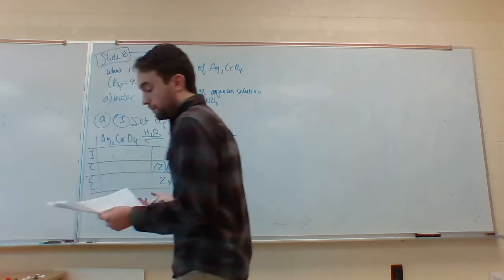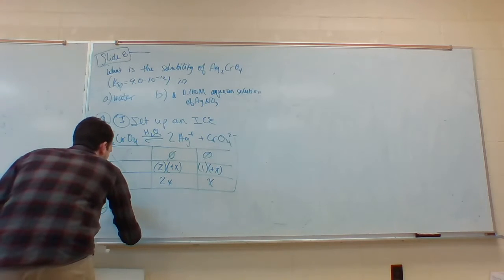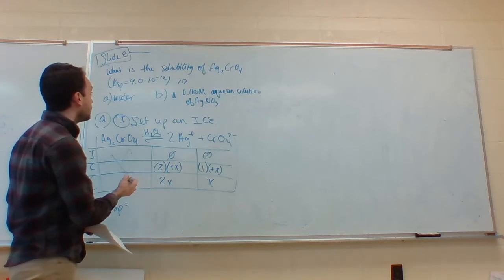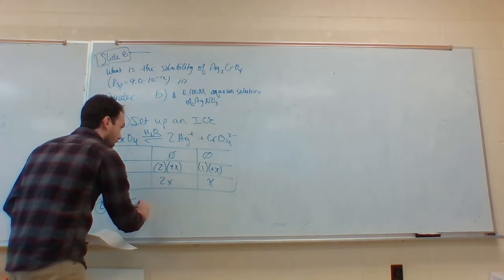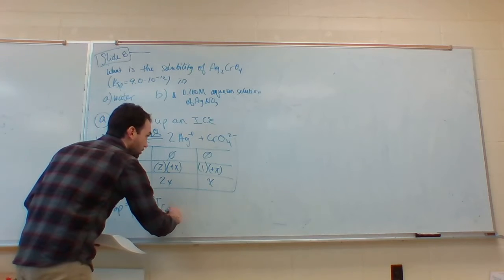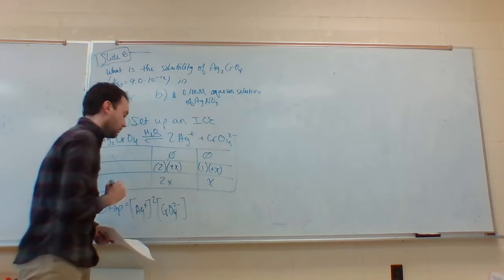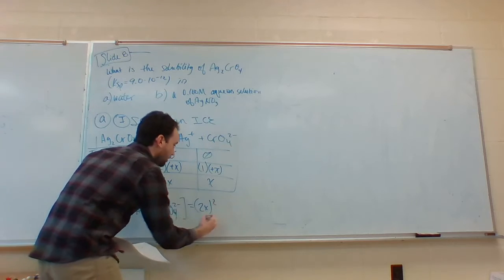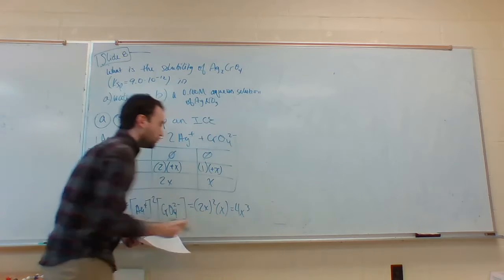Our next step, as always, is going to be to write our Ksp expression. Our solubility product constant is going to be equal to the concentration of Ag+ squared times the concentration of CrO4 2-, which in this case is going to be (2x) squared times x, which is equal to 4x cubed.